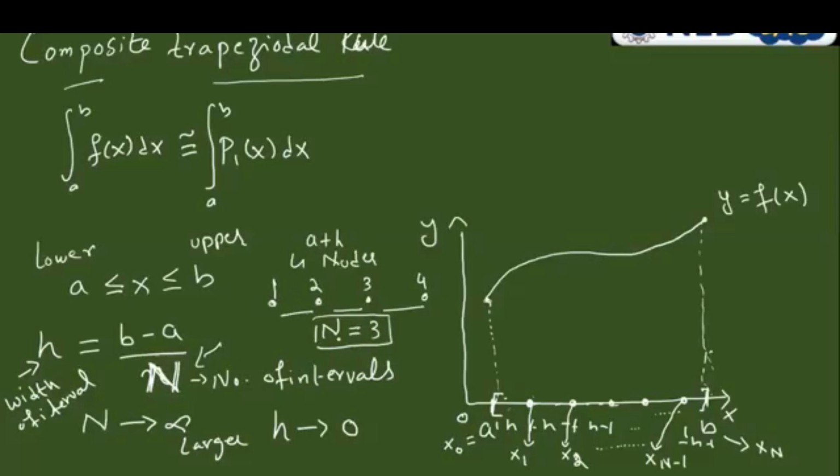So can you generalize it? For example, if I have 5 intervals, that is n is 5, how many nodes do I have? We have a relation. The relation says that whatever the number of intervals you have, you will get one more node. So here we have 3 intervals, I get 4 nodes. Similarly, if I have 5 intervals, I will get 6 nodes. So if I have n intervals, how many points do I have?